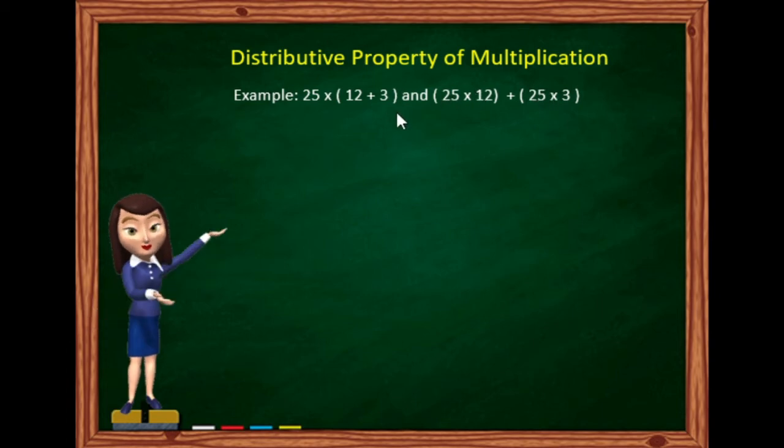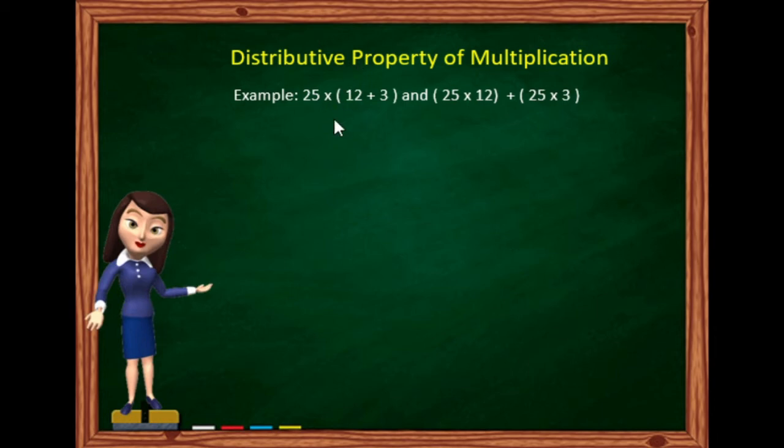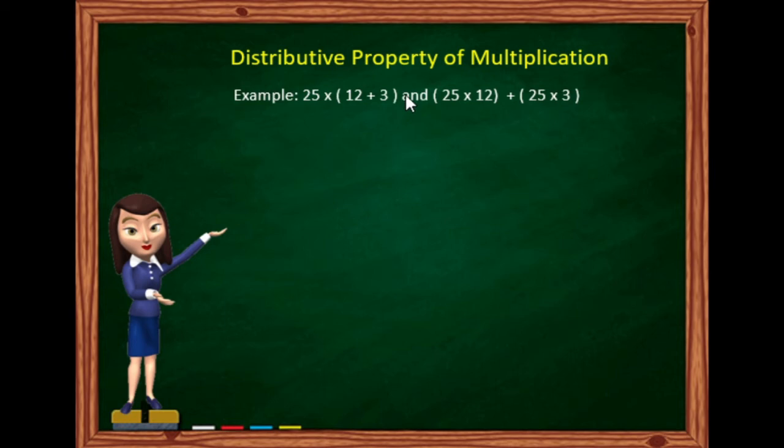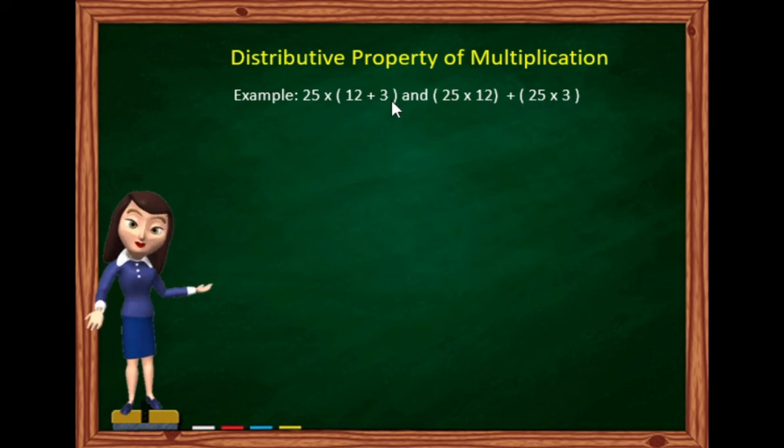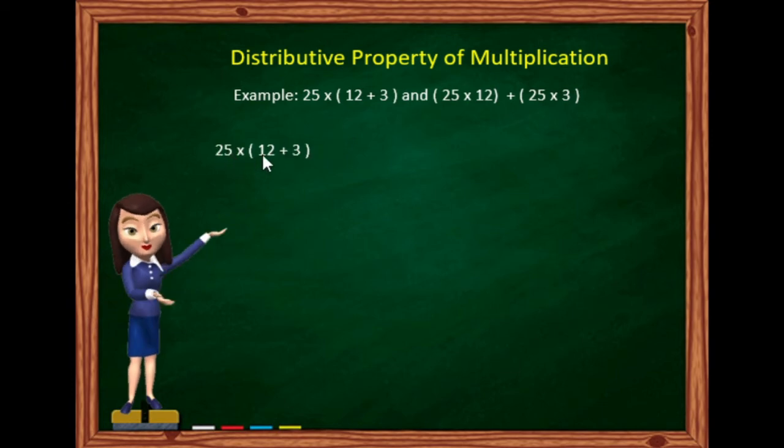The first equation is 25 times, open parenthesis, 12 plus 3, close. The second equation is 25 times 12 plus 25 times 3. Let's solve the first equation first. 25 times, open parenthesis, 12 plus 3.